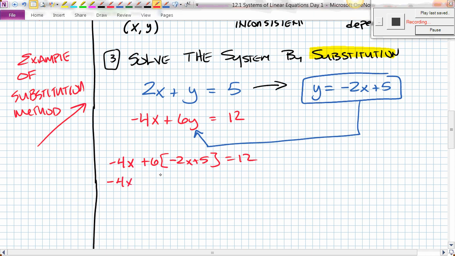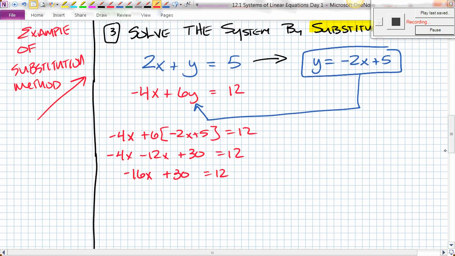Negative 4x. What's 6 times negative 2x? Minus 12x, plus 30, equals 12, using the distributive property there. So negative 4, negative 12, how much is that? Like terms? So I got a negative 16x plus 30 equals 12. Okay, what do I do with the 30 now?